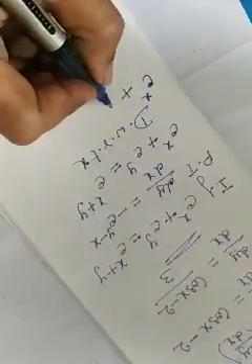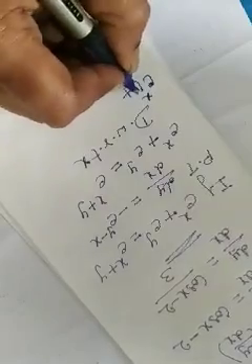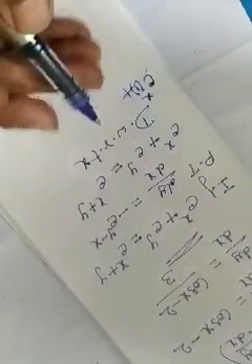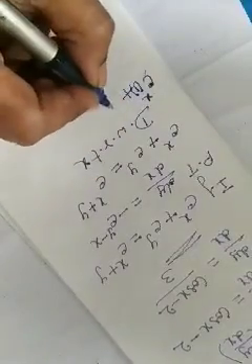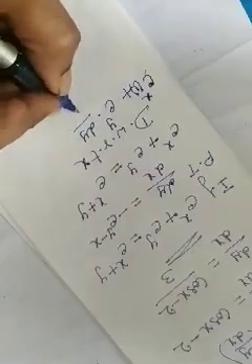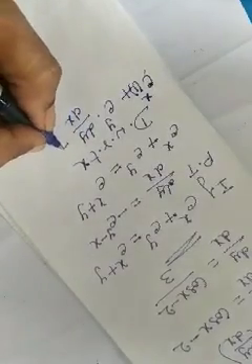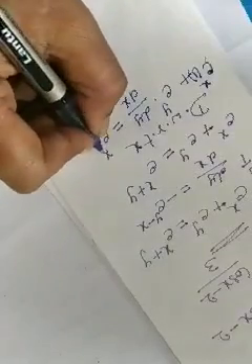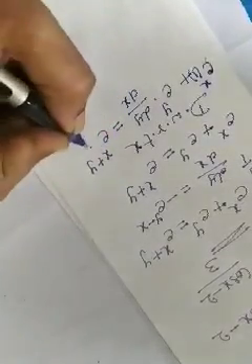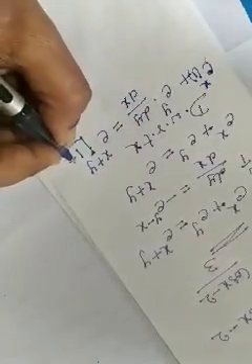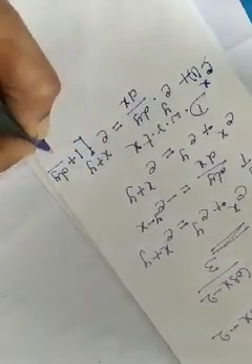E raised to x derivative is e raised to x, x derivative is 1. E raised to y derivative is e raised to y, y derivative is dy by dx. What is the derivative of e raised to x plus y? E raised to x plus y into, the x derivative is 1, the y derivative is dy by dx.